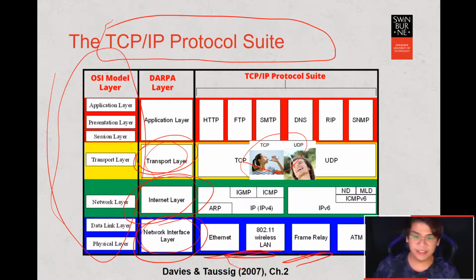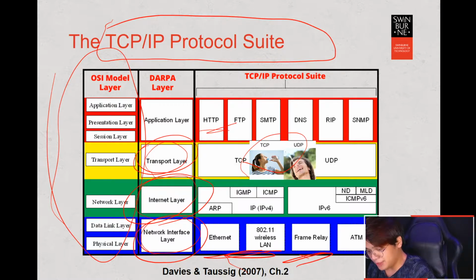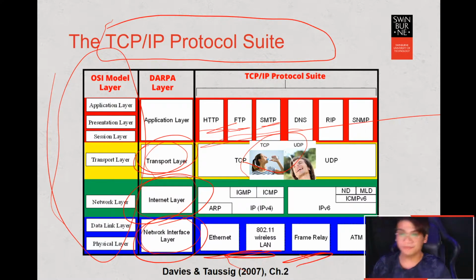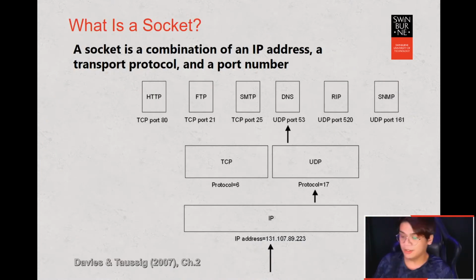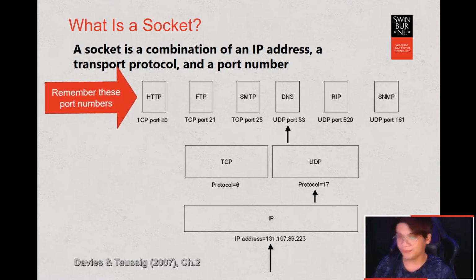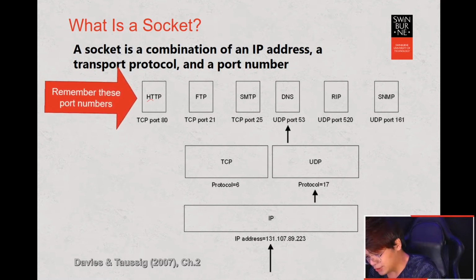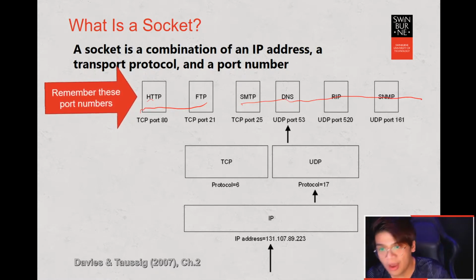While in the application layer, there are some of the protocols that exist over here: HTTP, FTP, SMTP, and so on. So in this application layer, we have something called a socket. Are you familiar with any of these protocols? HTTP, FTP, SMTP, DNS, RIP, and SNMP.